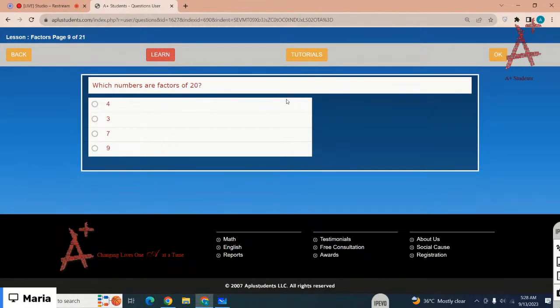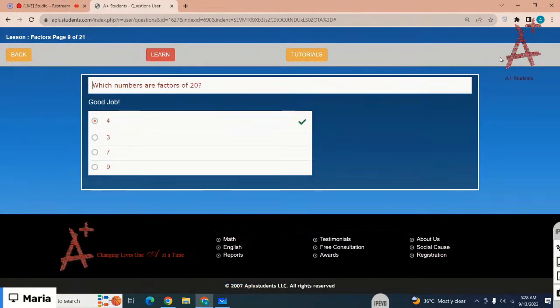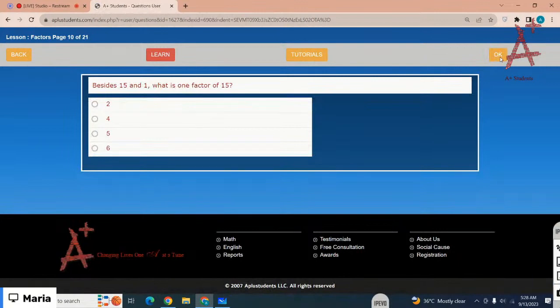Besides 15 and 1, what is one factor of 15? Which is the correct option? It would be 5. 5 is a factor of 15, so the correct option is 5.